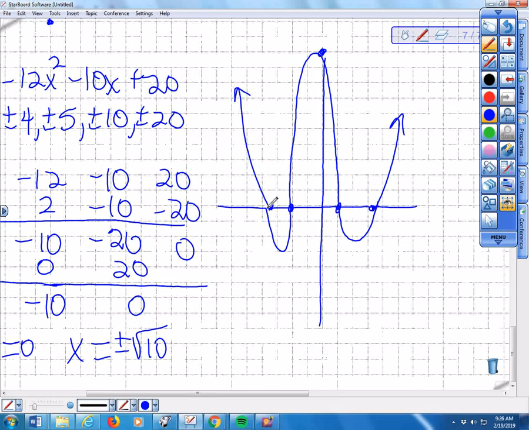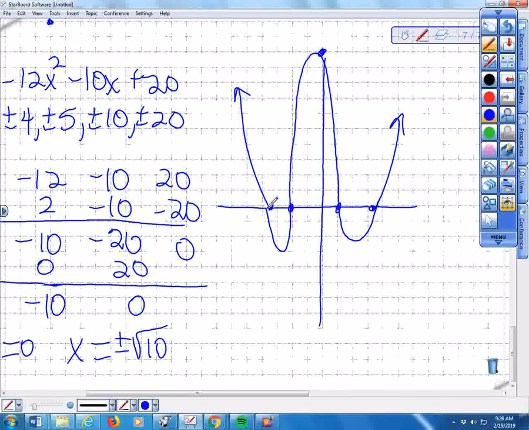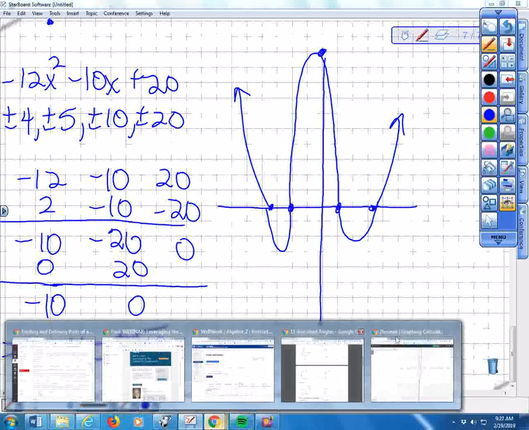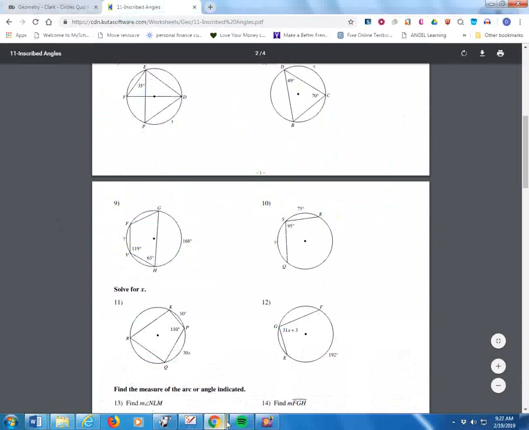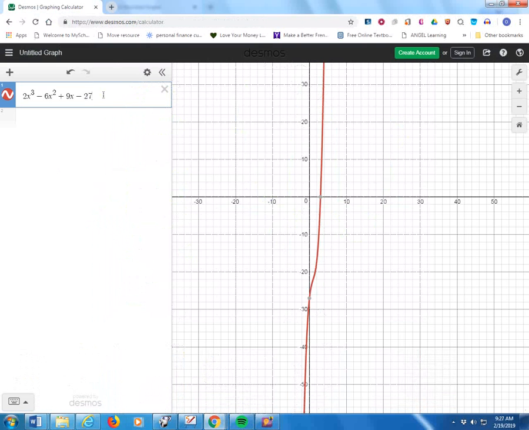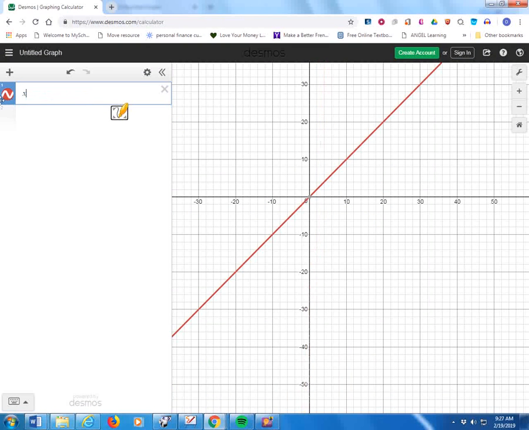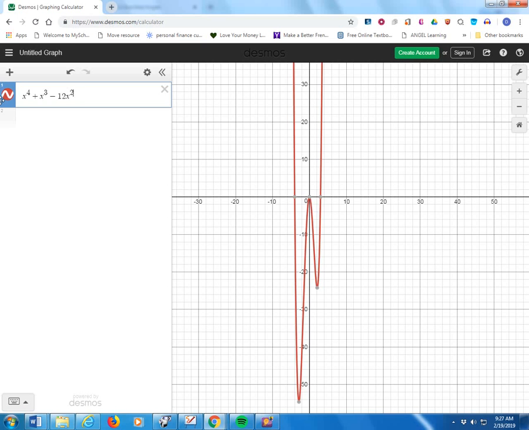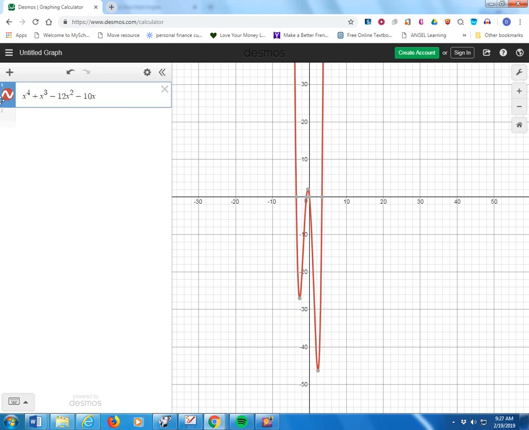So let's graph it and see how close we were. X to the 4th plus x cubed minus 12x squared minus 10x plus 20.